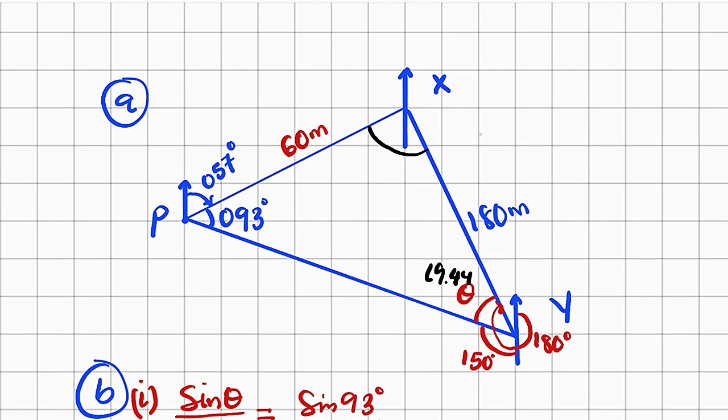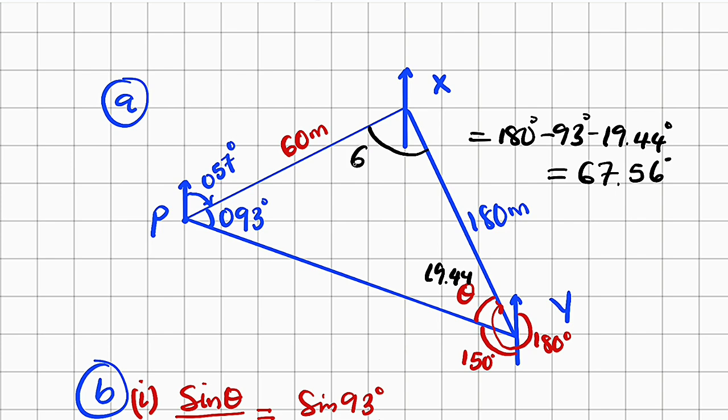So this missing angle is equal to 180 degrees minus the two angles, 93 and 19.44, which is equal to 67.56 in two decimal places. So this particular angle is 67.56 degrees.